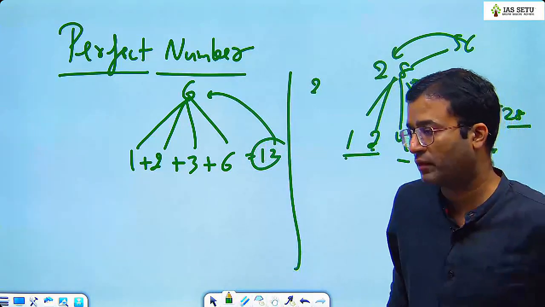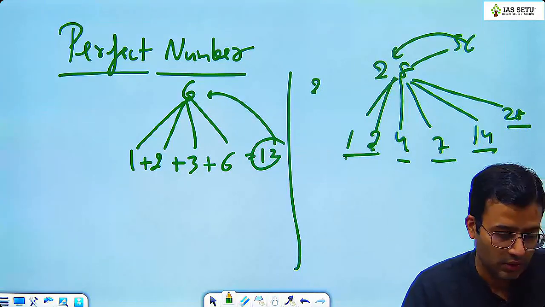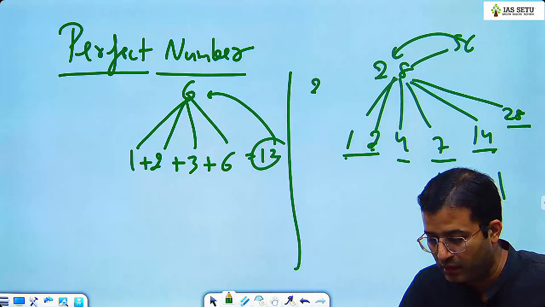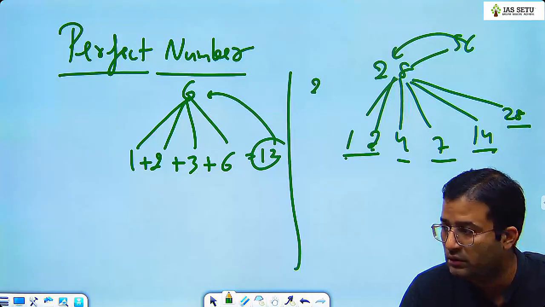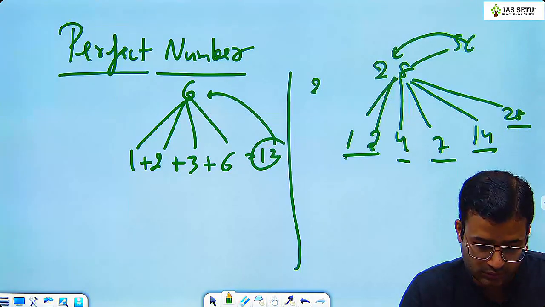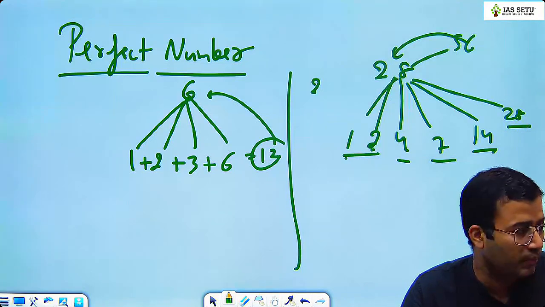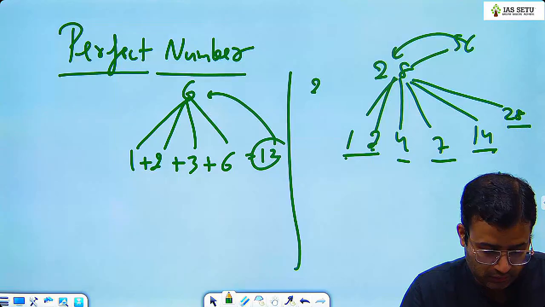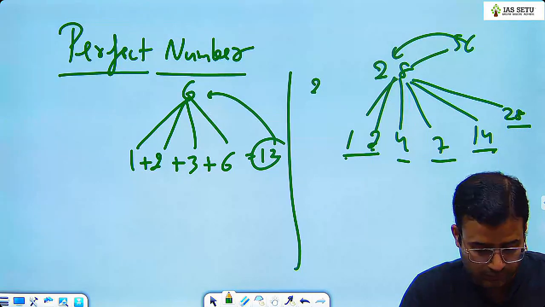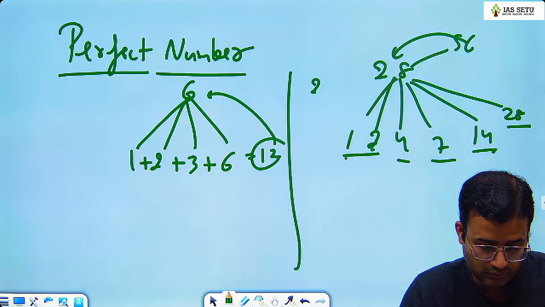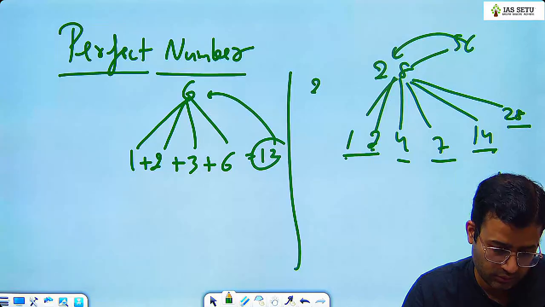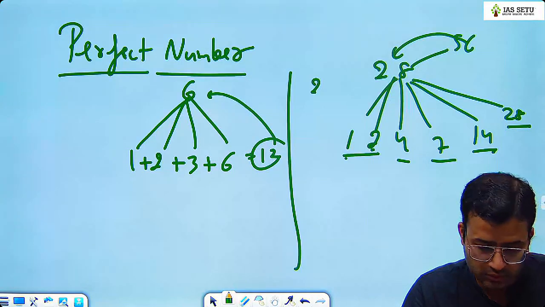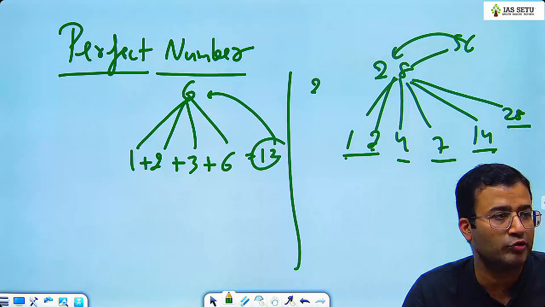Now you write: if the sum of the factors is double than the given number, then that number is a perfect number. Example 6 and 28.